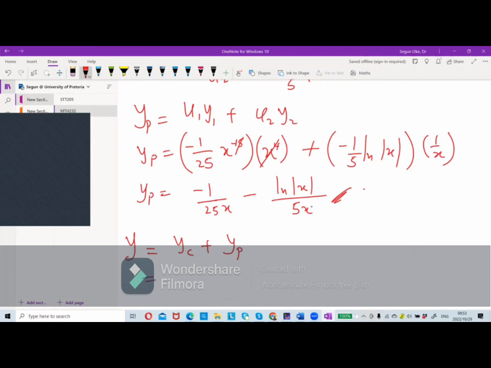We know our yc to be c1 x raised to power 4 plus c2 over x. Then our yp will be minus 1 all over 25x minus ln x over 5x. Any question?